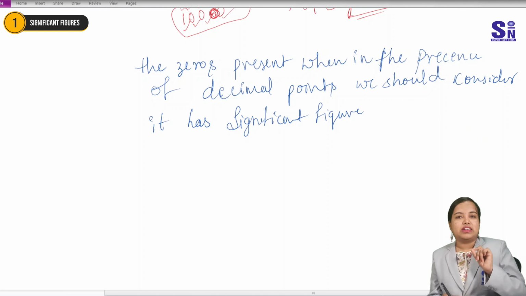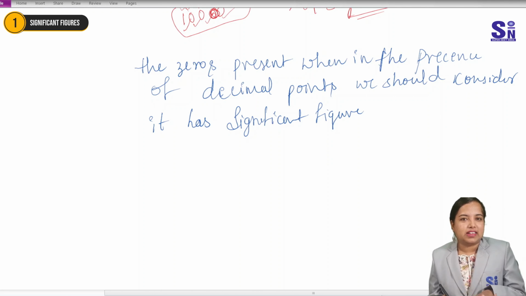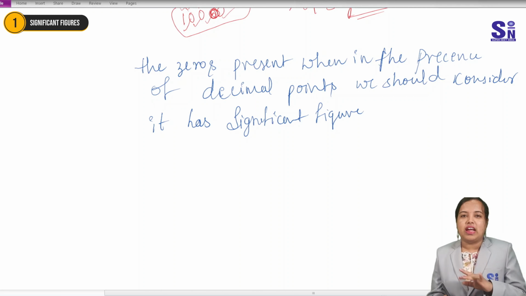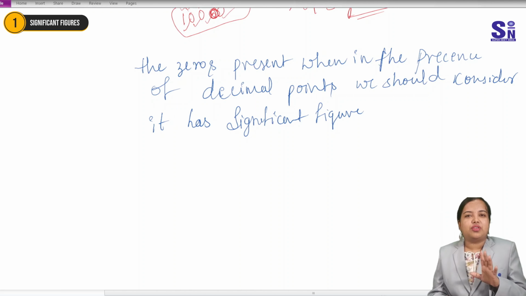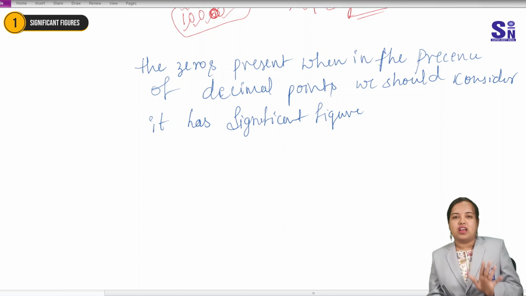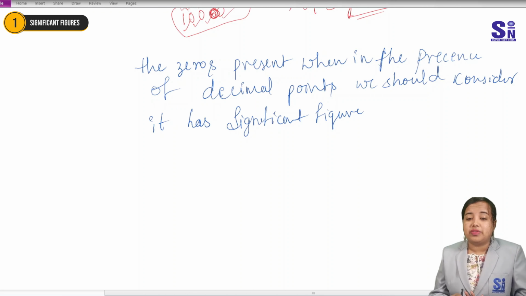Unless there is a decimal point, without a decimal point you won't consider. Okay, trailing and preceding. If you find any decimal point, you should consider all the zeros. Okay, this is the main rule. You should be very aware of this rule.